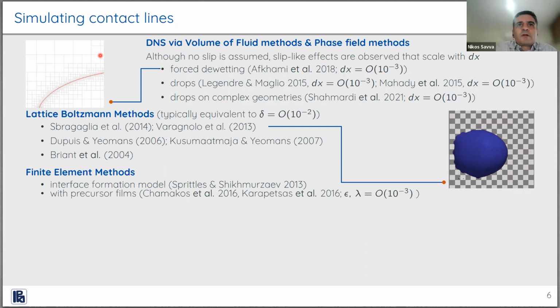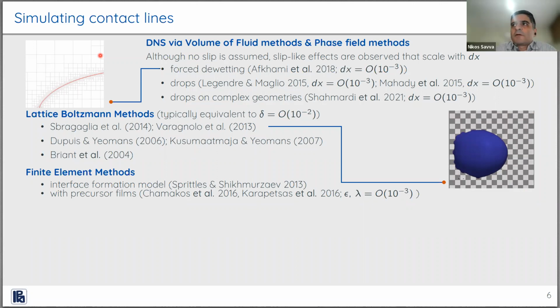But lately there's a proliferation of efforts trying to lift the limitations of lattice Boltzmann, for example the low density ratios, in order to extend the applicability to different contexts. In addition, there are finite element methods.